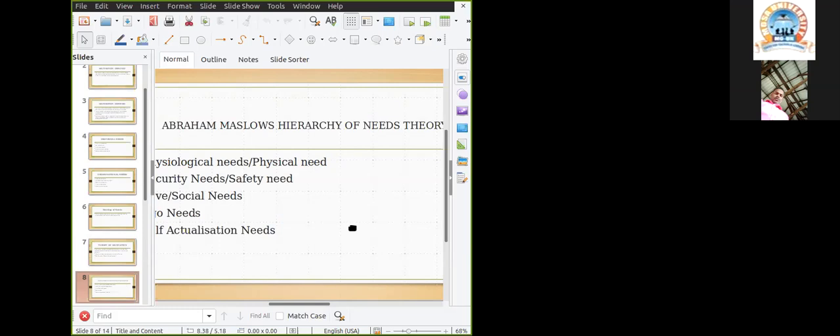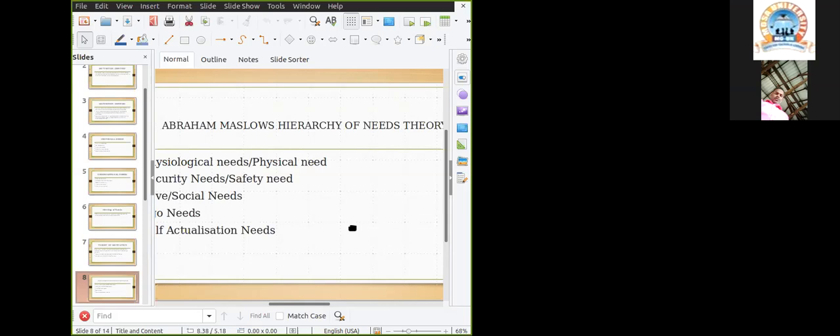Abraham Maslow is the name of a person. So this gentleman identified 5 main levels of needs of human beings. This theory applies to all human beings that you can find anywhere in the world, and anywhere they are working.